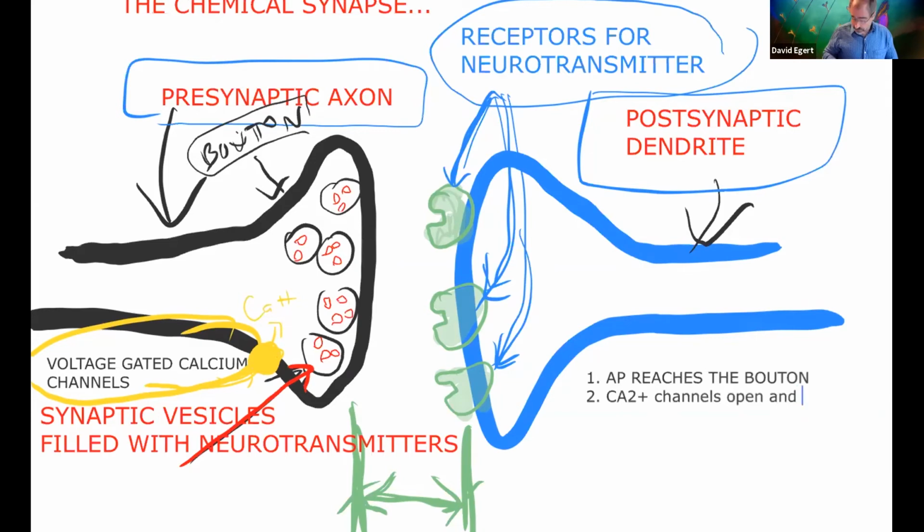And calcium enters the cell. So that is the first step in kind of triggering this whole thing, is that the action potential reaches the bouton, the calcium channels open and the calcium enters in.